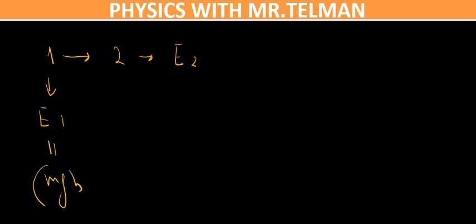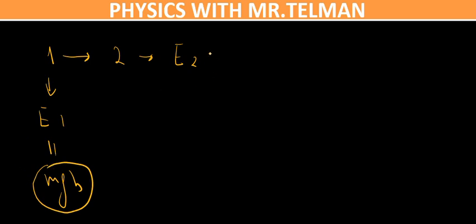So you have to keep in mind that it's very important to draw the picture so that you will understand that it's moving from point 1 to point 2. At point 1 the energy was E1, at point 2 it was E2. At point 1 we had the elevation mgh, and it was the only energy because the object was not moving.